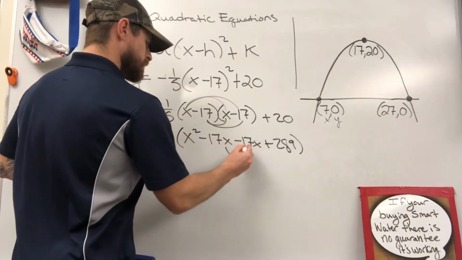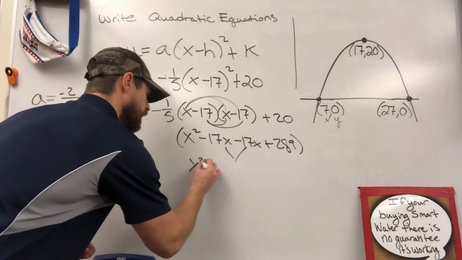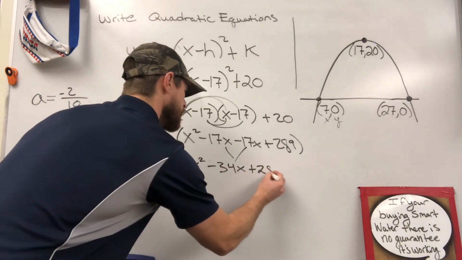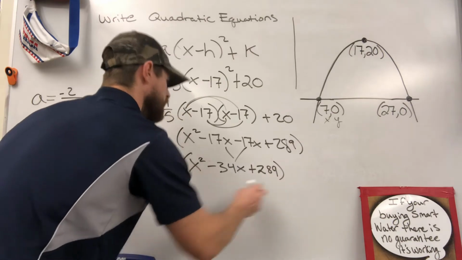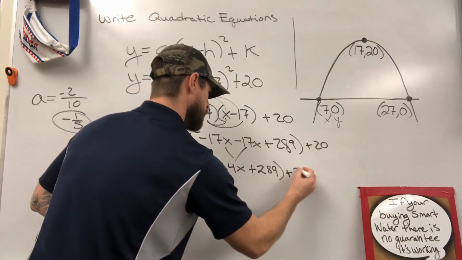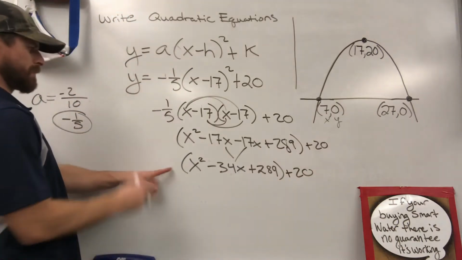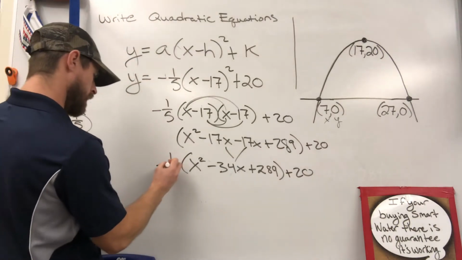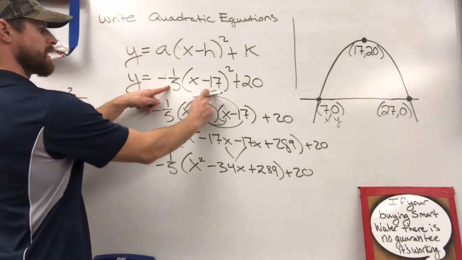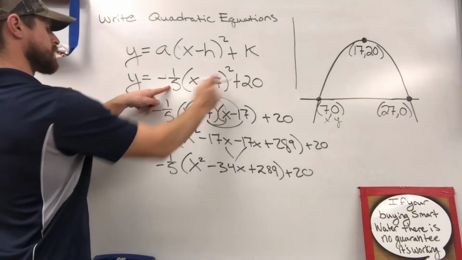Combine your like terms. Now I have x squared minus 34x plus 289 kept within the parentheses because the plus 20 needs to be on the outside. We don't want to multiply that 20 by this negative 1/5. Negative 1/5 should only be multiplied by whatever this turns into.